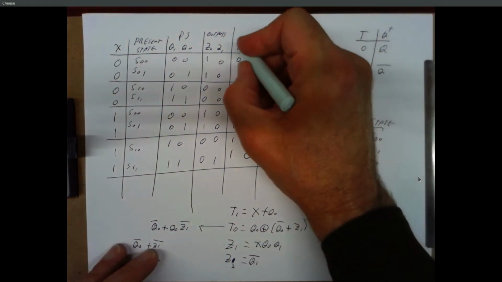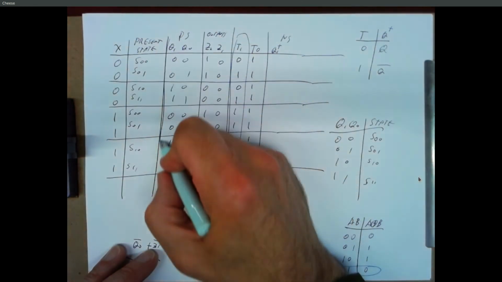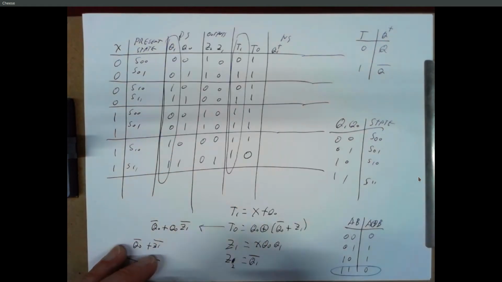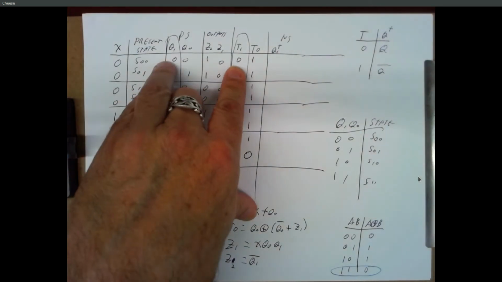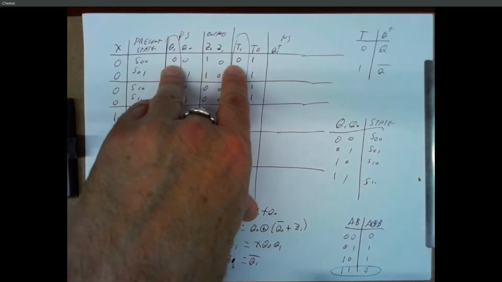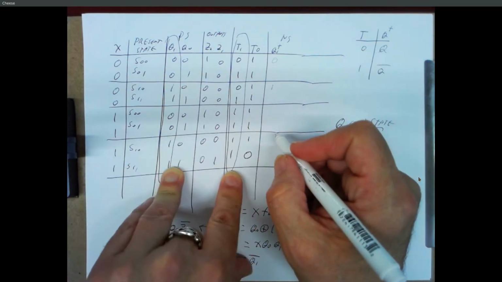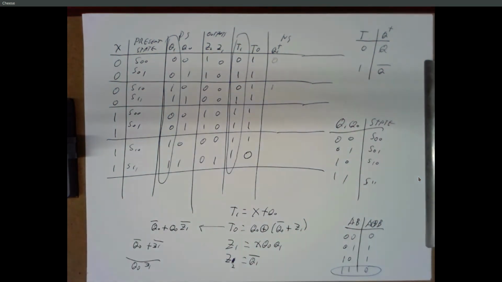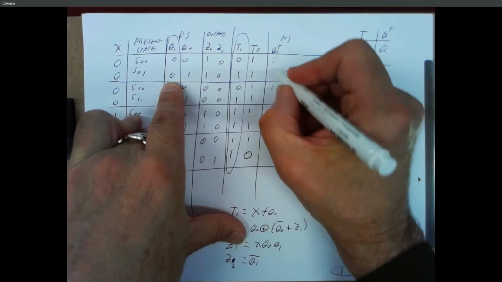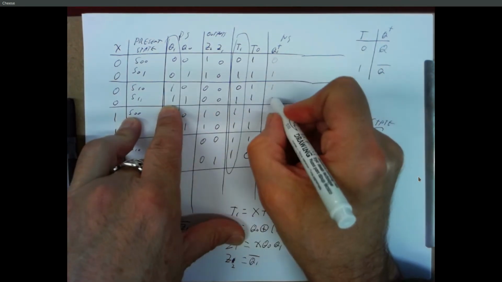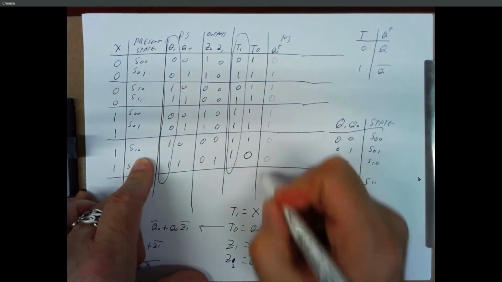So we're only looking at this and this. And so if T1 is 0, we're just going to copy Q1 to Q1 plus. So this is a 0, this is a 1, and then T1 is 1 everywhere else. If T1 is a 1, we're going to toggle the current value of Q. So all these other cases, T1 is a 1, Q should toggle from a 0 to a 1, toggle from a 1 to a 0. All of these are toggles. Zeros become 1s, 1s become 0s.